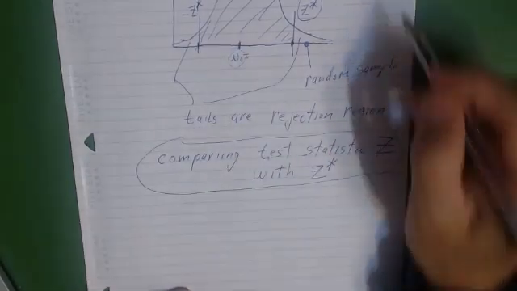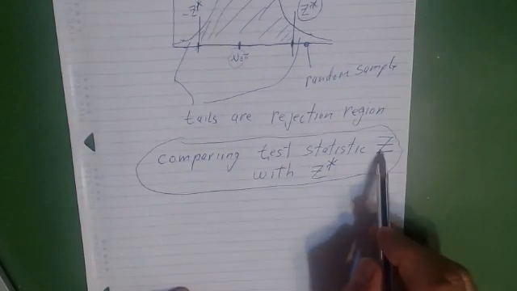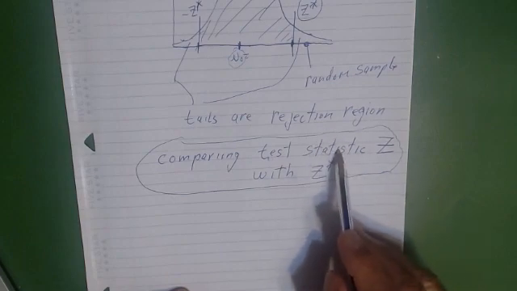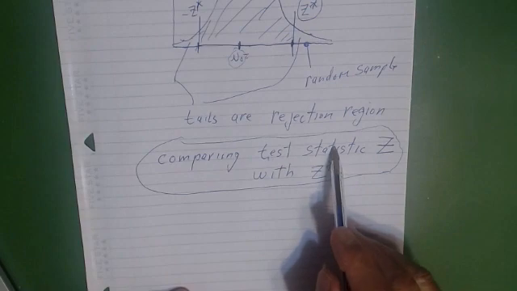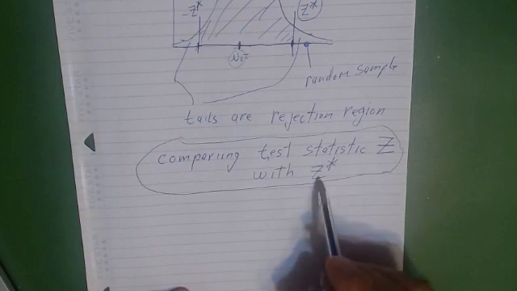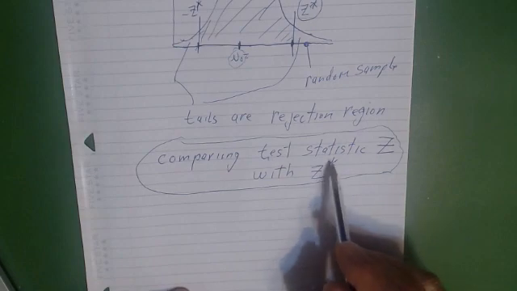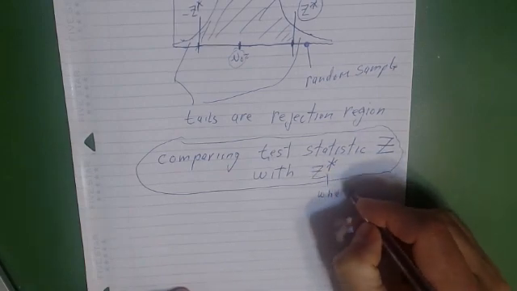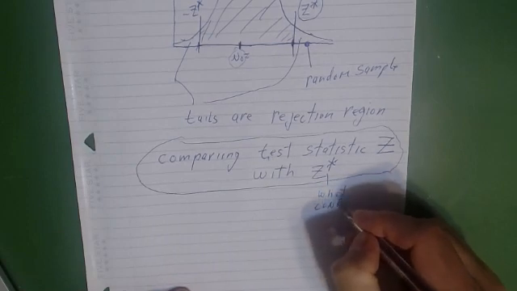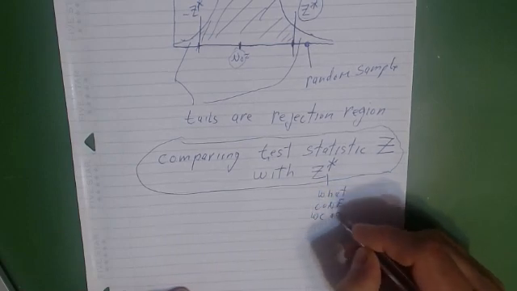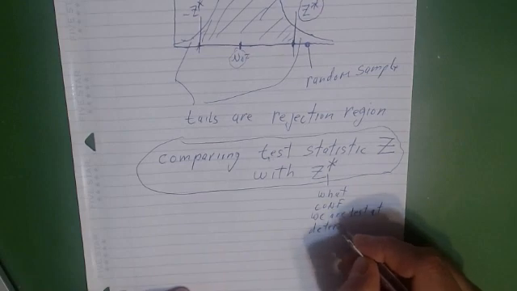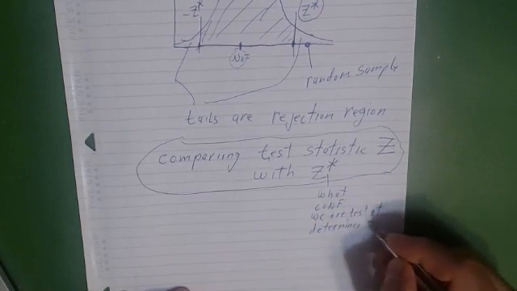Then Z is called our test statistic because it comes from the sample, okay? Z comes from the sample. Z star is our criteria that we're going to use to compare it against. And this is determined just from what confidence level we are testing at. What confidence level we are testing at determines Z star.